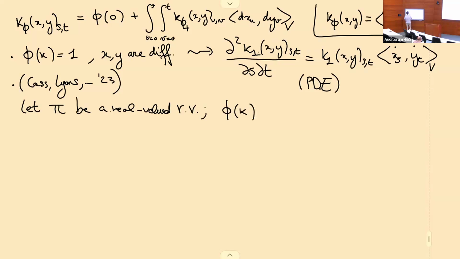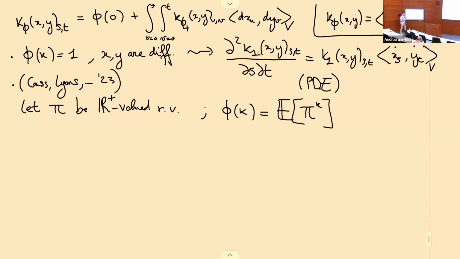Let's suppose that this pi is valued in the positive real line, so it's R plus. You can do it in R, but it's slightly more involved. So an R plus valued random variable, and then you take phi(k) to be the kth moment, the expectation of pi to the k. Okay. If you take this type of weight function, then what happens?